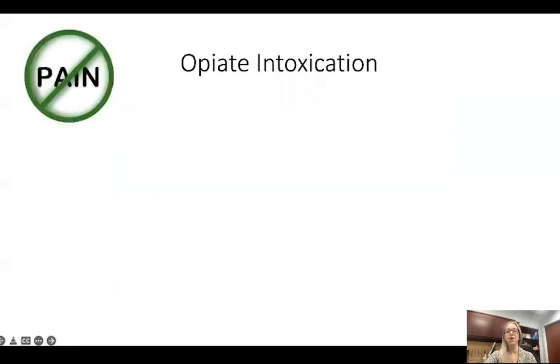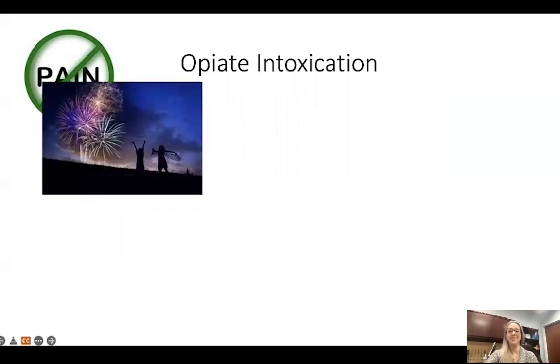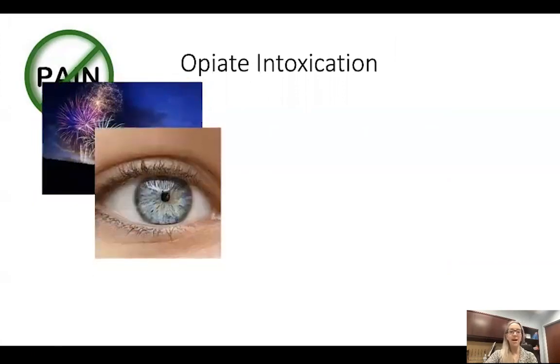So let's talk about opiate intoxication. These are just the people that are on opiates that are doing okay, that are just intoxicated with them. Some signs of intoxication you might see: analgesia, so they're not feeling any pain. They may be kind of euphoric, just kind of happy. Miotic.